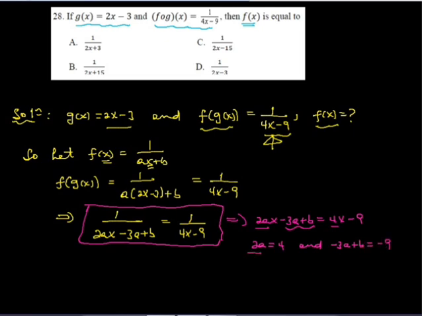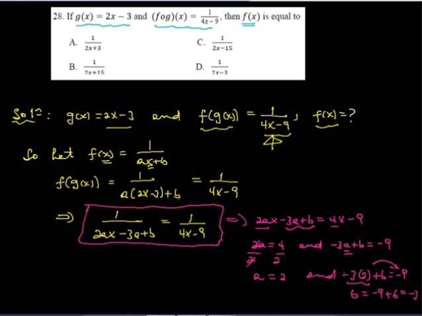Dividing both sides by 2, a will be 4 over 2, which is 2. In place of a here, minus 3 times 2 plus b equals minus 9. This is minus 6, so b becomes minus 9 plus 6, which is minus 3.